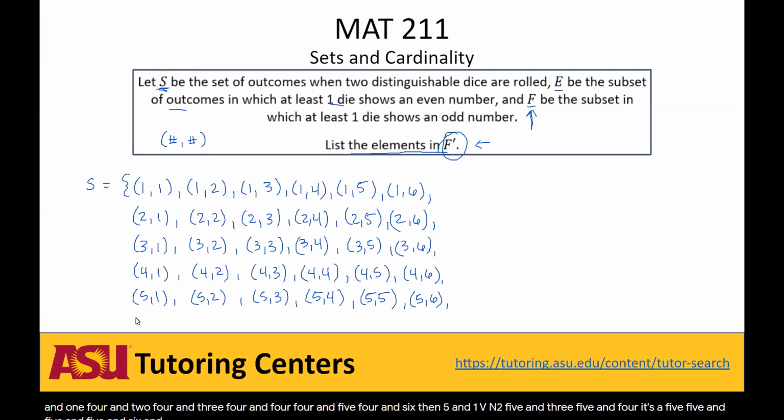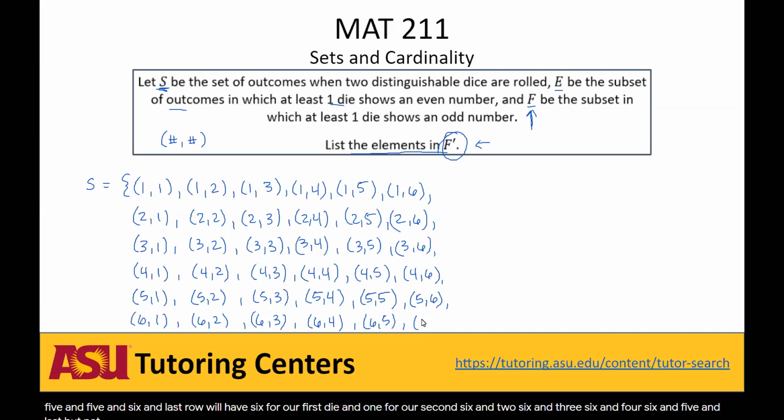And last row, we'll have 6 for our first die and 1 for our second, 6 and 2, 6 and 3, 6 and 4, 6 and 5, and last but not least, 6 and 6. And that's the end of our set.